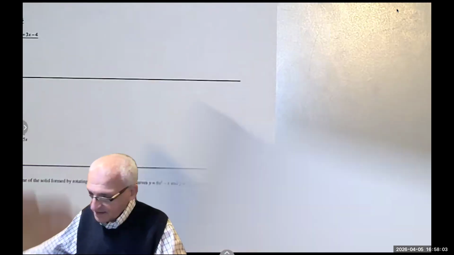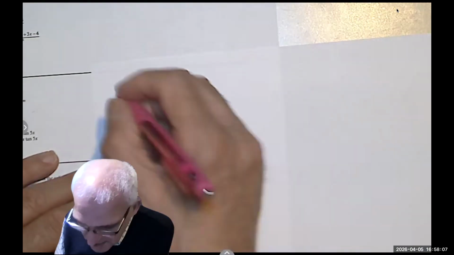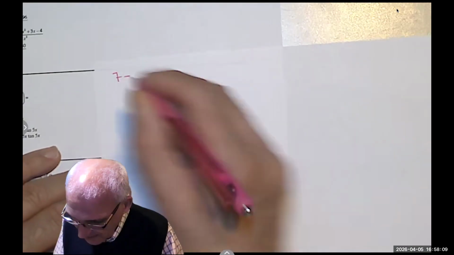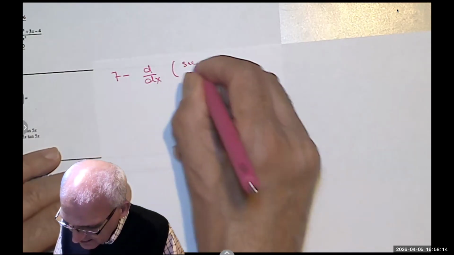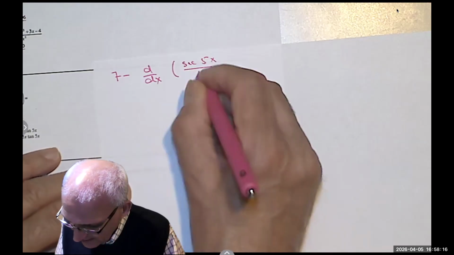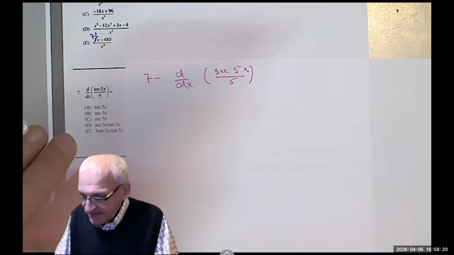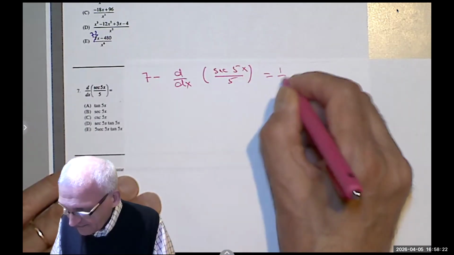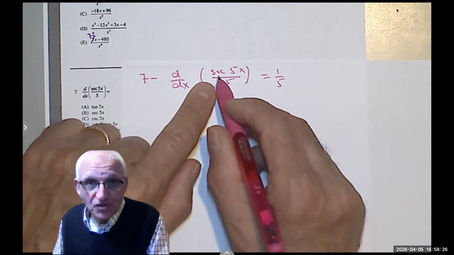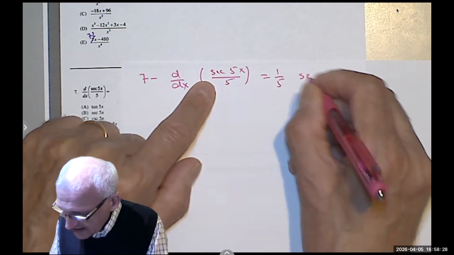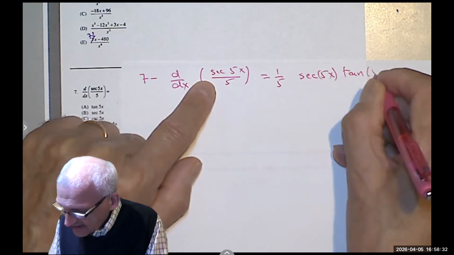Let's move to number 7. d/dx of secant 5x over 5. Notice that the 5 is a constant, so you can take it out as 1/5. And then the derivative of secant is secant tan, so you get secant 5x tan 5x.